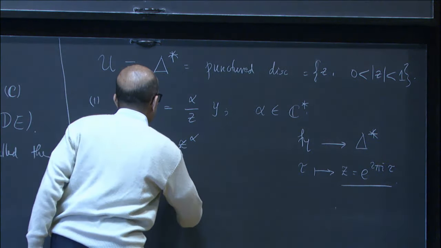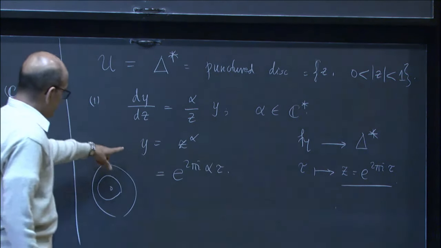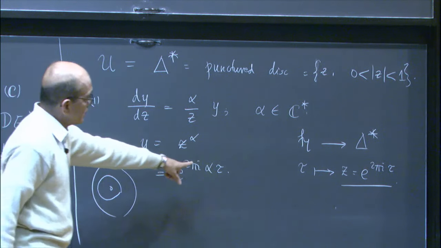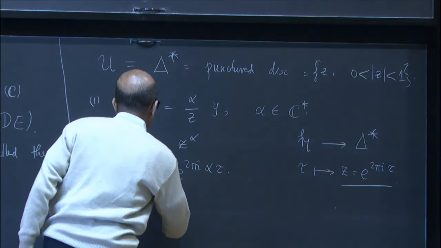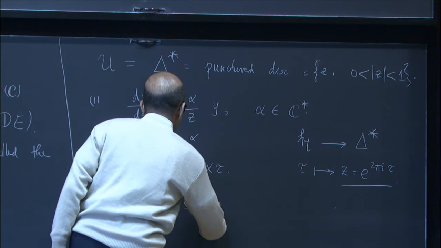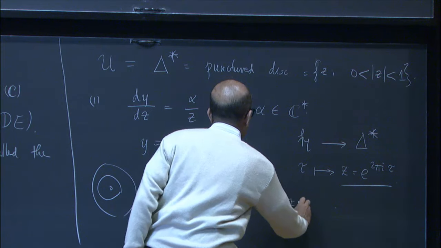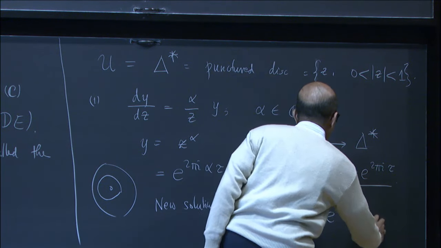So this is e to the 2 pi i alpha tau, and so the generator of this fundamental group just takes tau to tau plus 1. So the new solution is e to the 2 pi i alpha (tau plus 1). Therefore, it is e to the 2 pi i alpha times y.